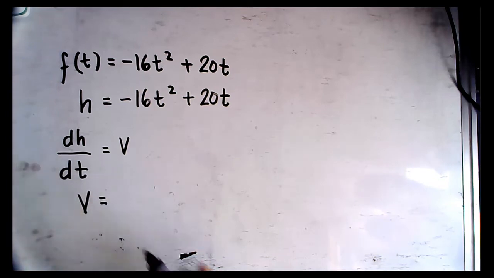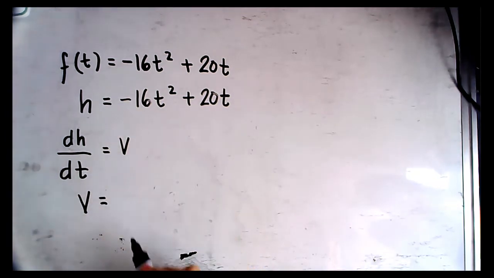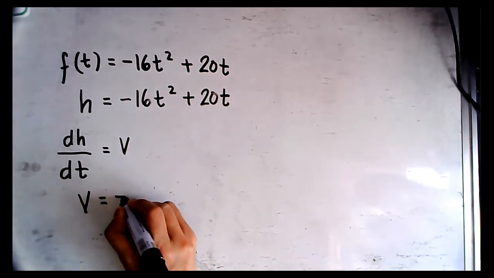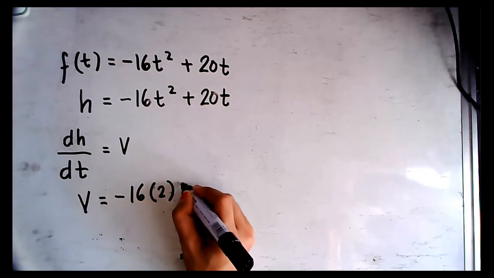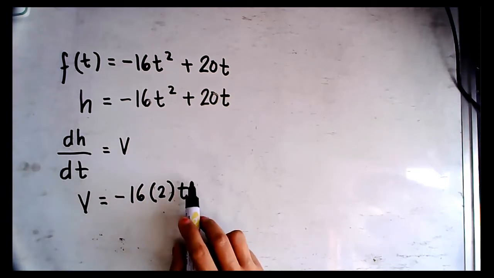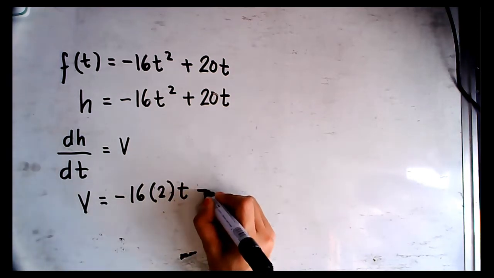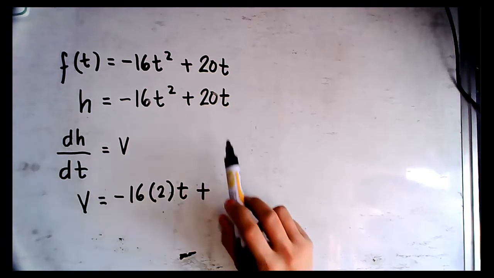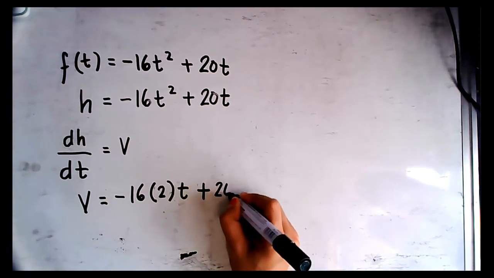So using this equation and using differential calculus, our process for differentiation, we can say that the velocity is equal to the differential of negative 16t squared. That would be negative 16 times 2 times t raised to 2 minus 1, which is basically t raised to the first power, plus the differential of 20t, and that is 20.